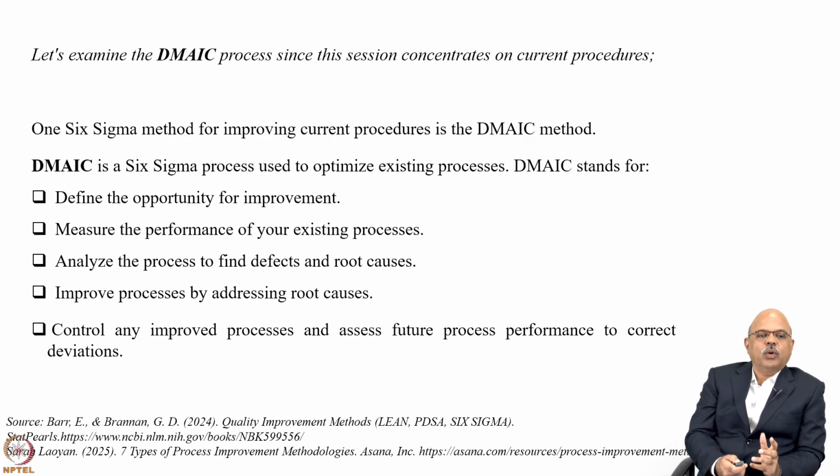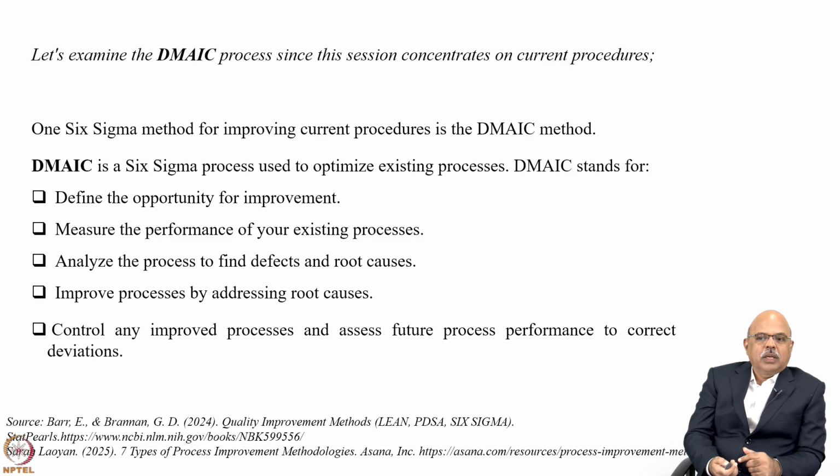DMAIC stands for: Define the opportunity for improvement, why and what is the way for that. Measure the performance of your existing process. Measure is what gives you more statistical data. Analyze the process to find defects and the root cause, where the RCA concept of analysis has a great and more definitive benefit.